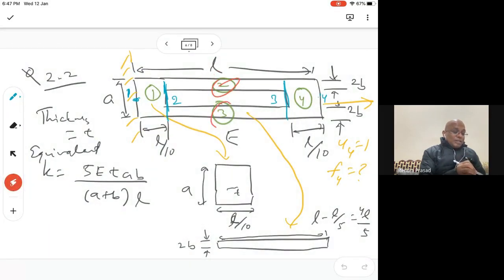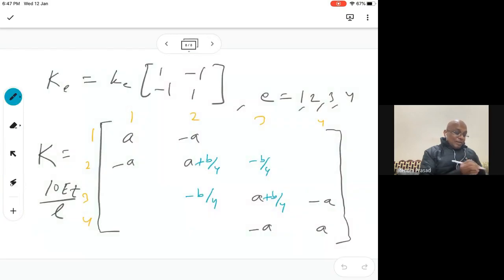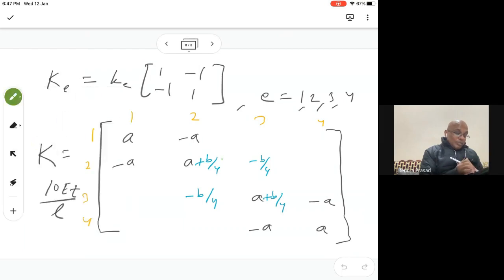Now for element number 3, it is the same thing, same place, just it will add again, because this is exactly the same. So we add here a different element now: plus B over 4, minus B over 4, minus B over 4, plus B over 4.